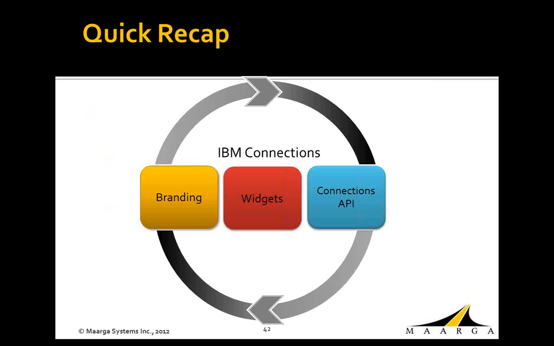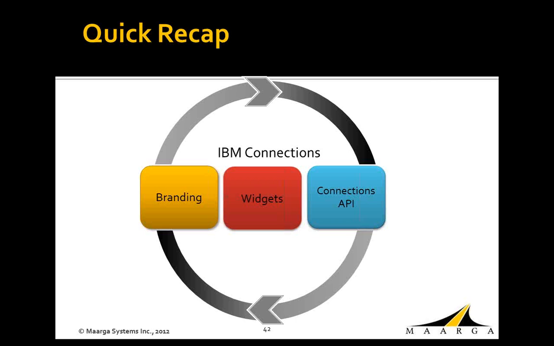We talked about widgets. We talked about how they can be added to a widget catalog, and where to put the XML files that we need to create. We then talked about how to add a new application, took a quick look at an application, and looked at the Connections API and how the Atom feeds can be accessed and then worked with, the XML that we can work with.